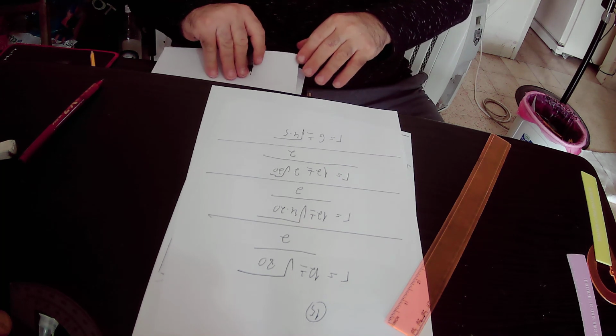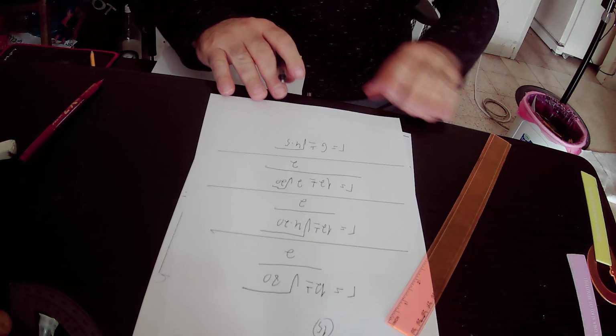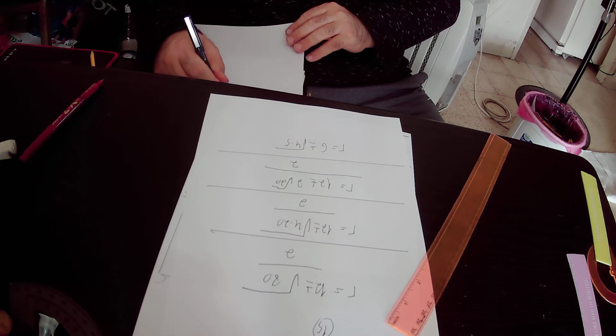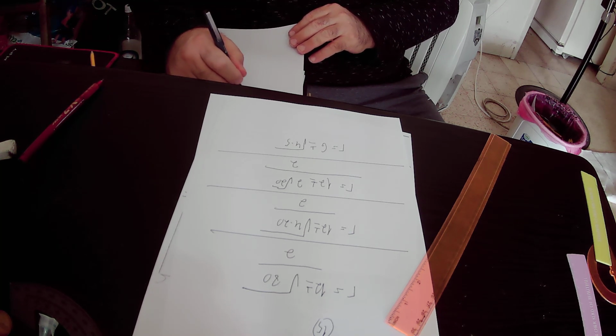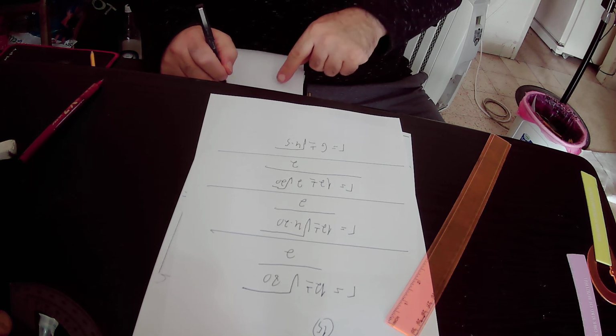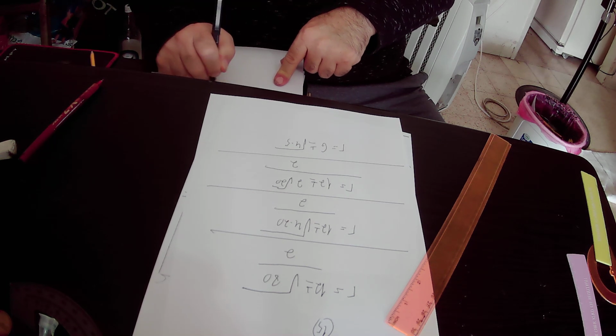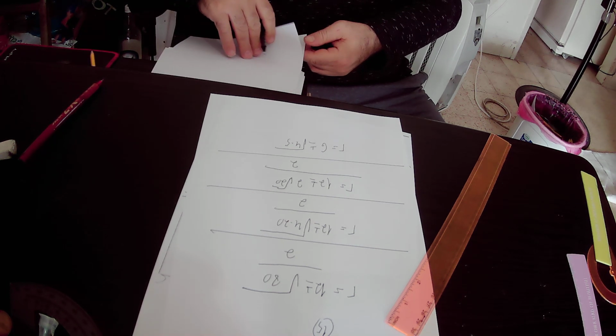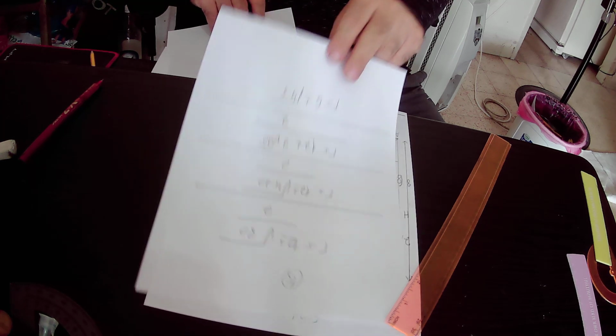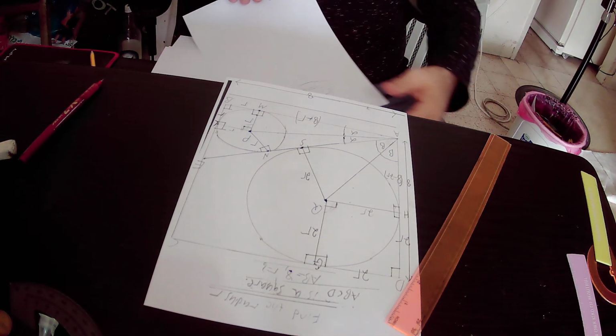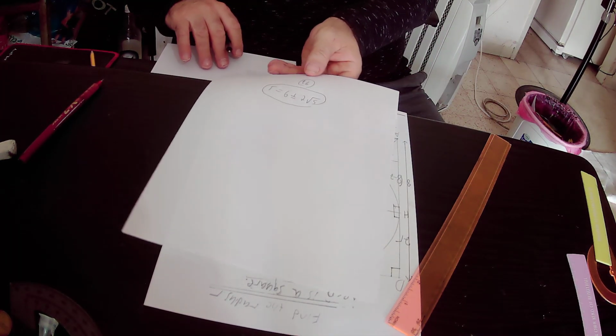and so the radius of the small circle equals to 6 plus minus the root of 4 is 2 times root 5. So we actually have two possibilities for the value of the radius, the size of the radius.